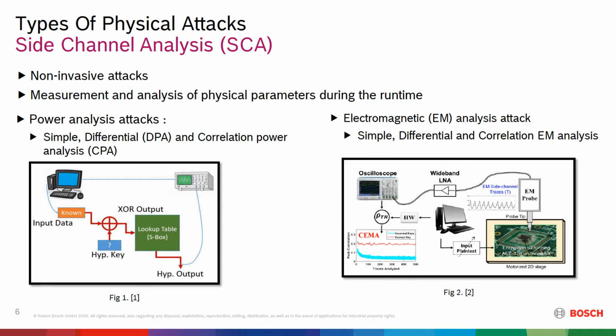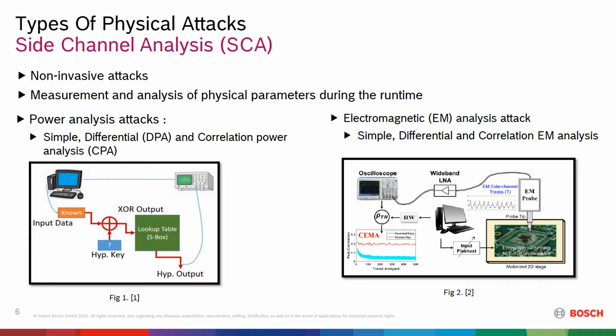Differential and correlational power analysis, on the other hand, use some sort of statistical methods to derive the key. DPA is based on the principle that there is a significant power variation between manipulating zeros and ones. For known input and guessed keys, the output of an intermediate operation, say S-box, is computed. Such computed values are used to divide the power samples into different categories, and then you perform correlation between those categories to derive the key.